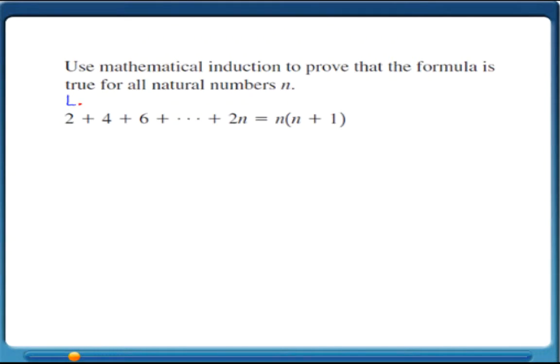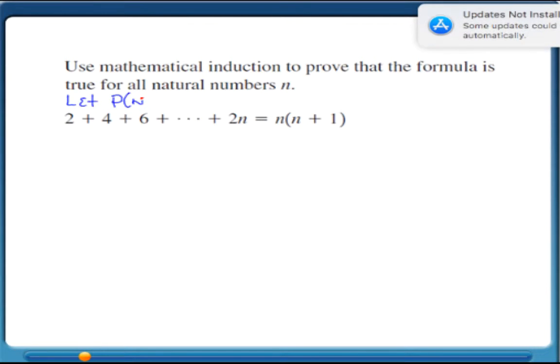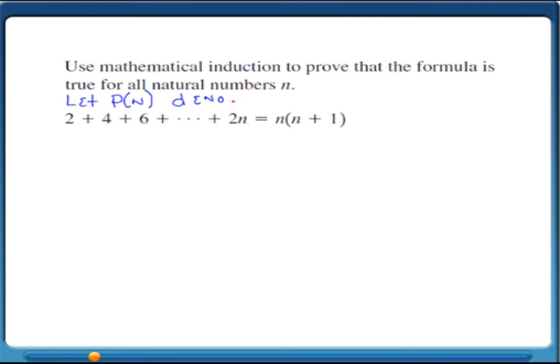We're going to use mathematical induction to prove that the formula is true for all natural numbers n. 2 plus 4 plus 6 plus ... plus 2n equals n times n plus 1. So we're going to let P of n denote this statement here.